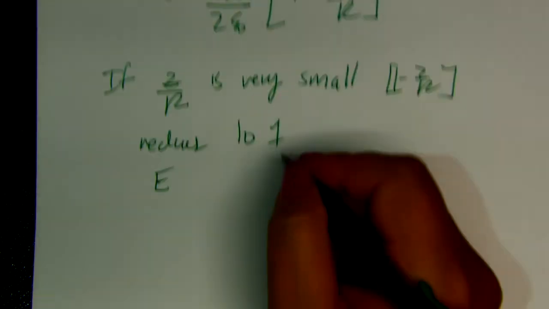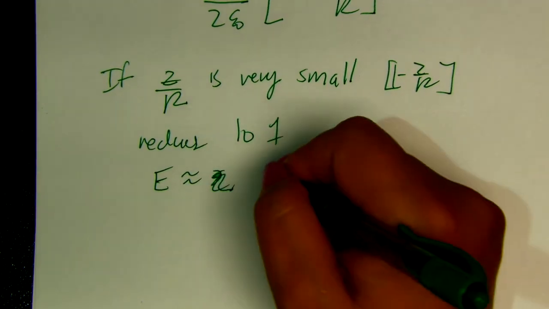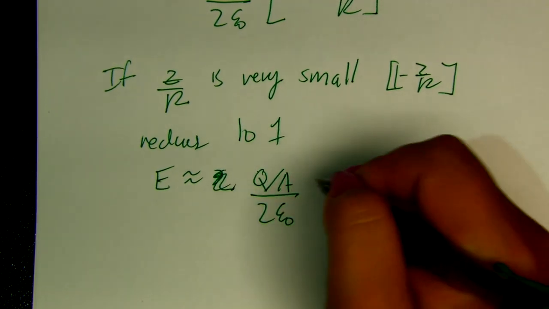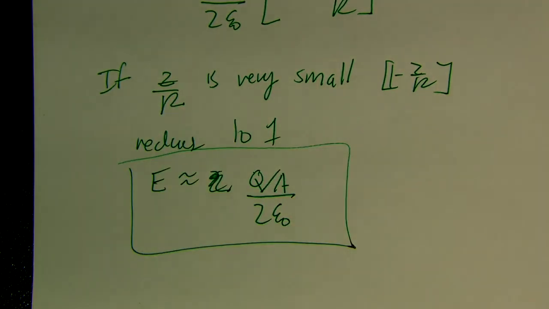And so you get the electric field is approximately Q over A divided by 2 epsilon naught, which is something that we will see several times in this class.